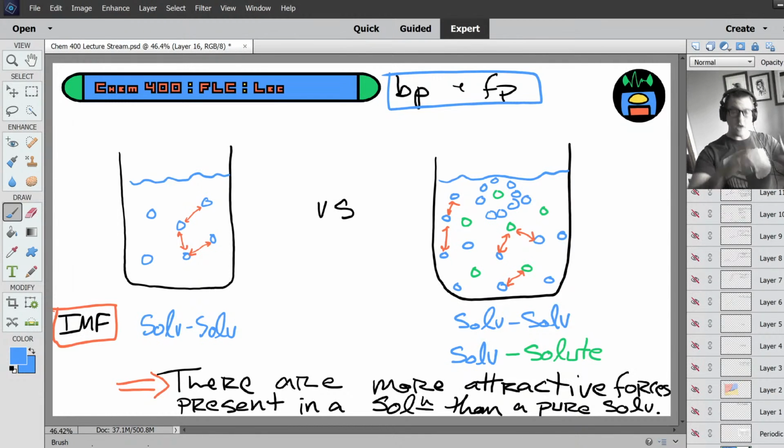So, again, pulling back to the big picture, there are more attractive forces present in a solution than in a pure solvent.